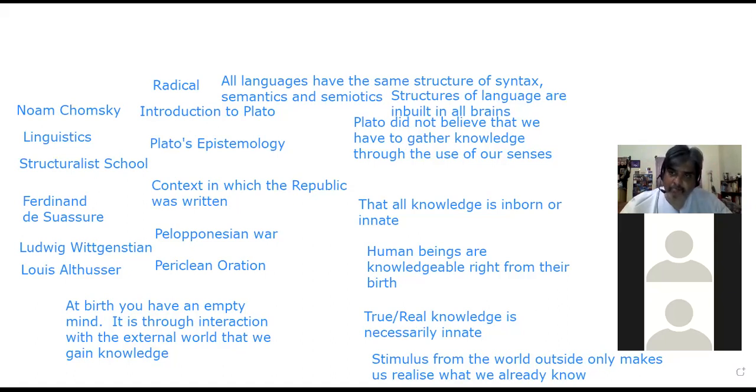You have inbuilt, innate structures of language, which is the opposite of tabula rasa. Tabula rasa says that at birth you have an empty mind. That is John Locke. Tabula rasa is a Lockean concept, what he talked about in his Essay Concerning Human Understanding. We'll have to talk about that as well, because that's a paradigm shift.